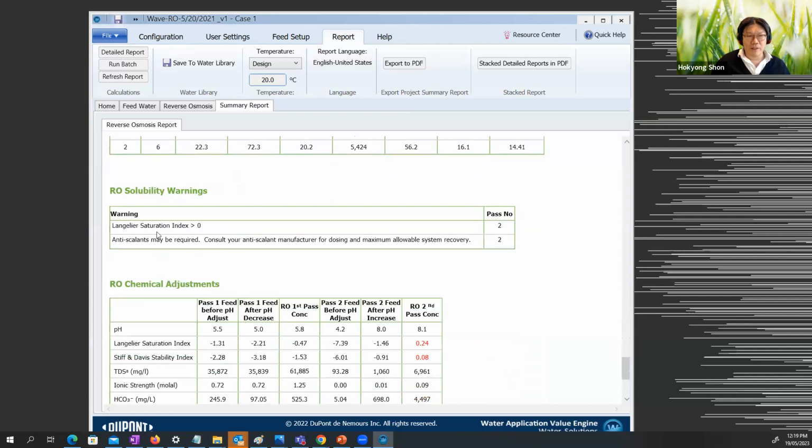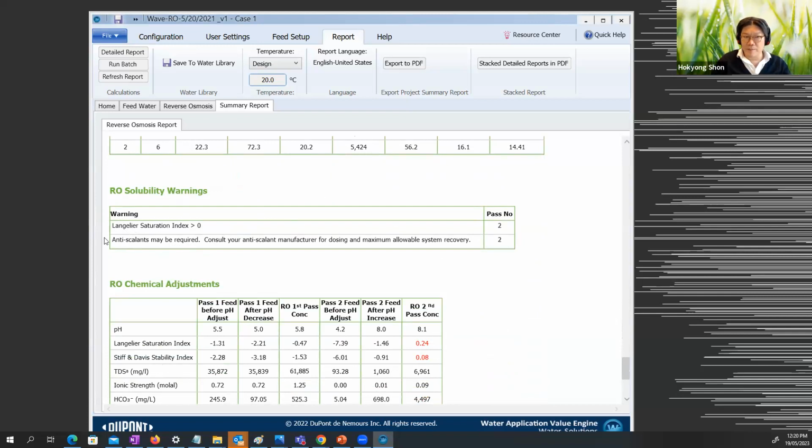What's the solubility? Your Langelier saturation index (LSI) value is more than 0, which means you have a fouling potential. In this RO second pass concentrate, the Stiff and Davis stability index is also red, which means we need to incorporate some anti-scalant.